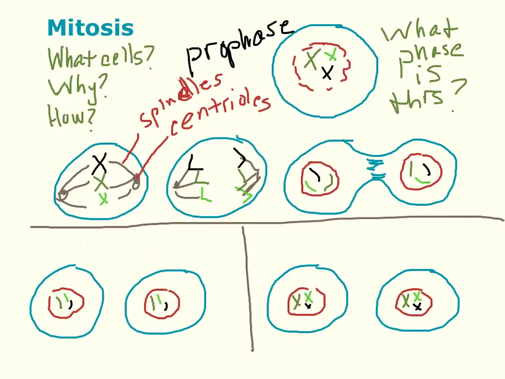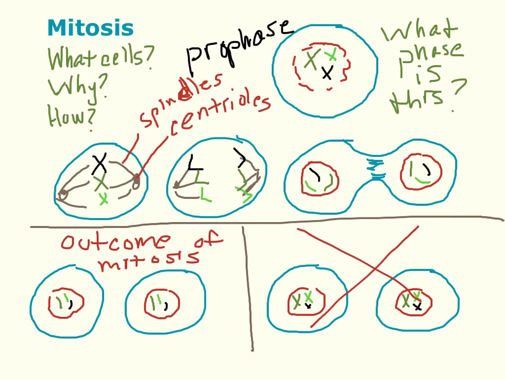So this is the outcome of mitosis. And this one is incorrect. So the original cell in G1 must have looked like this prior to the chromosomes being replicated in G2. I hope that really helped clarify mitosis for you.